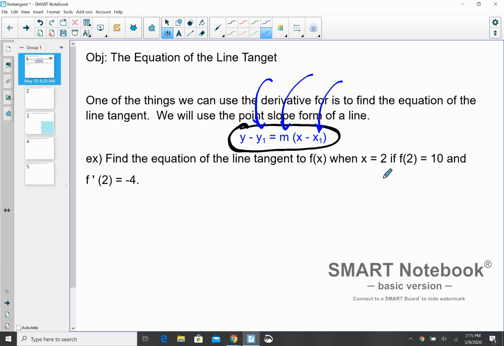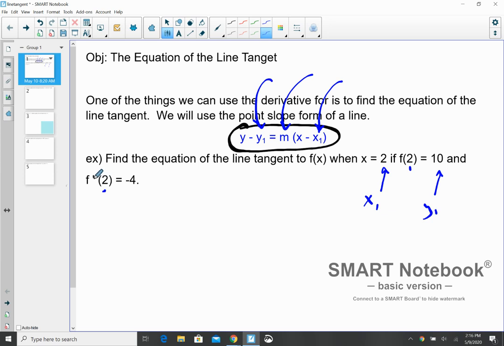Now, the X value is going to be 2, so that is going to be the X1. Notice that the 2 is there and the 2 is there. Those numbers are the same. Those are the values you need: you need the f of 2, and you need the f prime of 2. Now, if they tell you f of 2 equals 10, what they're telling you is that's the Y value.